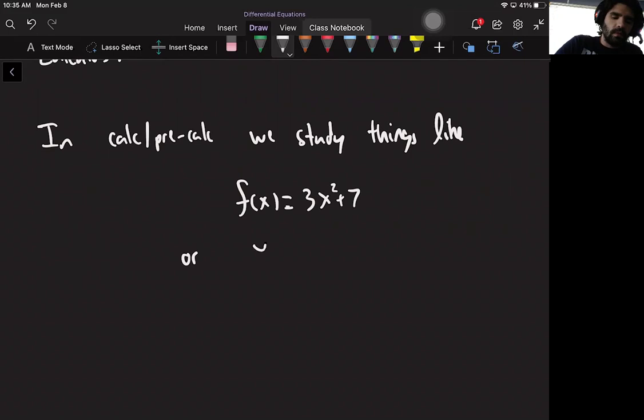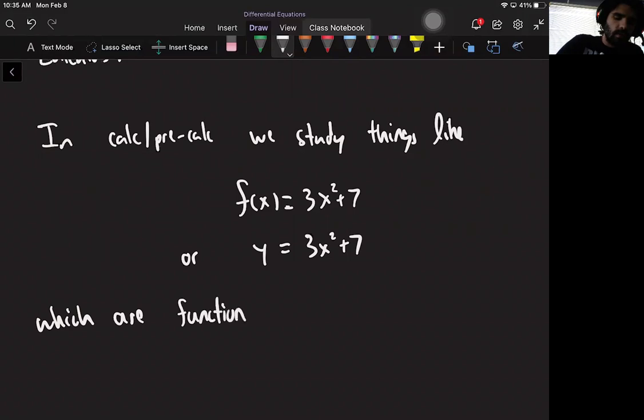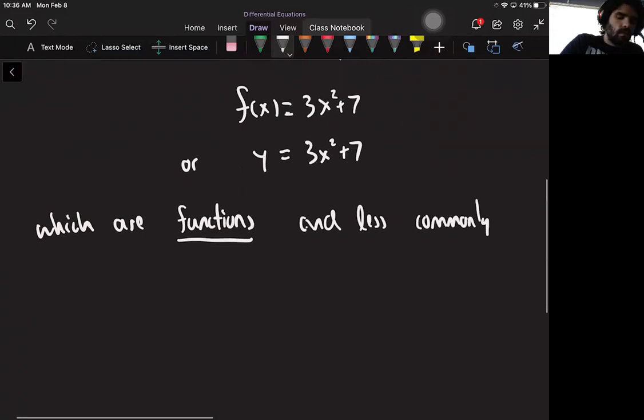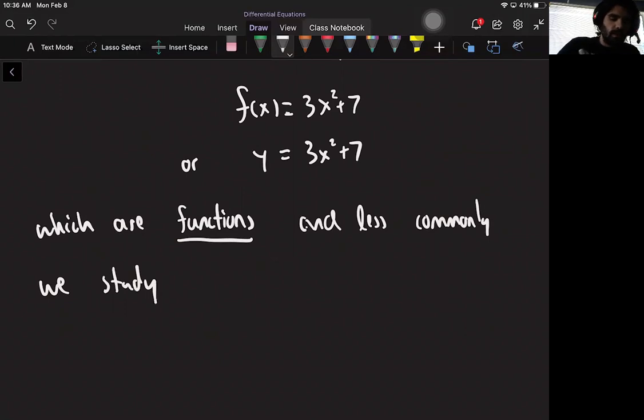Or you might see it written like this instead. These are examples of functions. And then less commonly, you might study, but you should study this at some point, something like this instead. That looks very similar, but they're not the same.